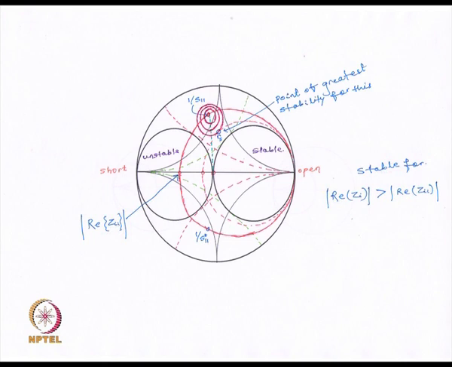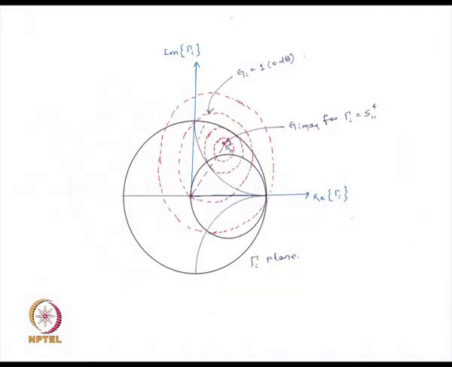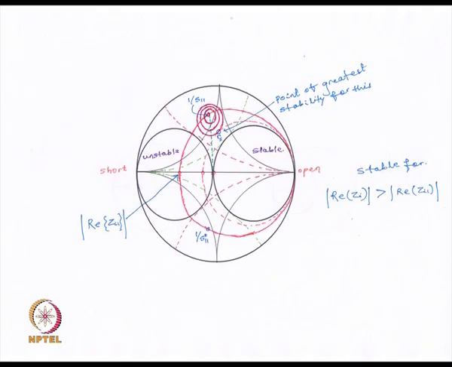Now, if I compare with the previous one, we had obtained a Gi max for gamma s equal to Sii star. The question here is, what is this Sii star for this potentially unstable case?